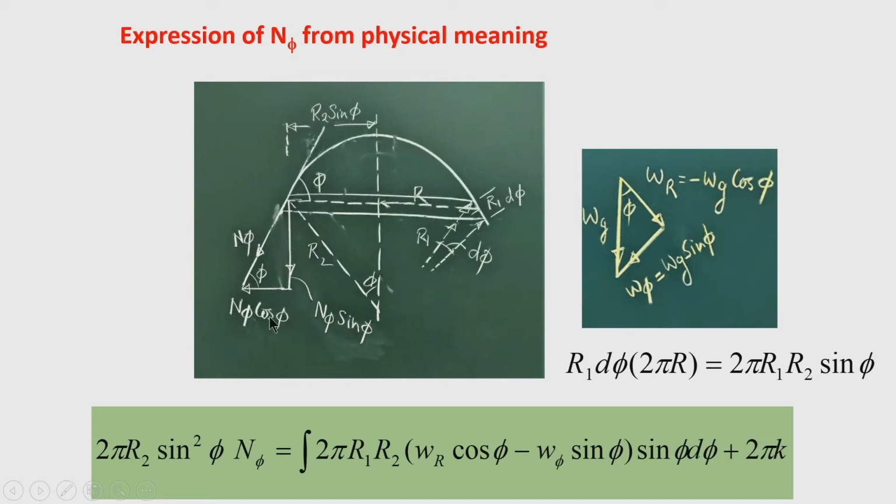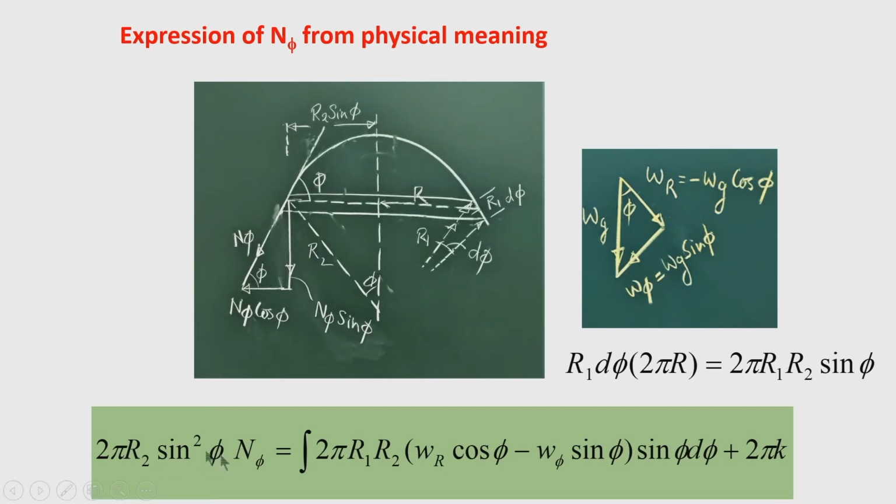Now, coming to this expression, you can see that the n phi sin phi term is included here. So, n phi sin phi means the vertical component of n phi per unit length. Then the circumference of this parallel circle is 2 pi r, where r is equal to r 2 sin phi.